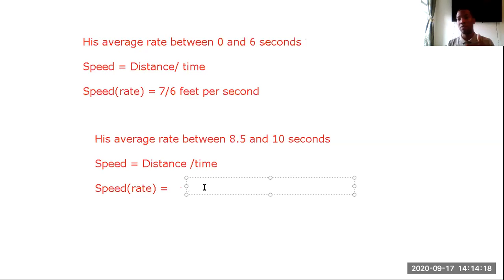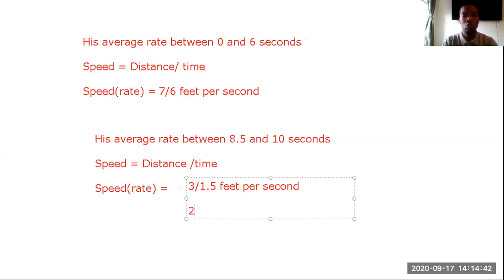He went from 3 to 0, so he covered 3 feet. And I'm going to divide that by, he went from 8.5 seconds to 10, so he went 1.5. The time between 8.5 seconds and 10 seconds is 1.5. All right, and then whatever that is, feet per second. All right, so then this is really equal to 2 feet per second.